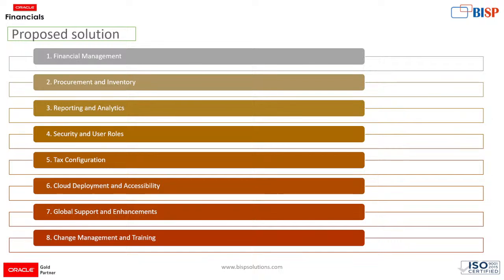Now going to security and user roles. In Oracle Fusion, it is essential to define user roles, permissions and security profiles to control access to sensitive data. By defining these parameters, the organization can regulate the access of the data and ensure that only authorized persons can view and manipulate the sensitive information.